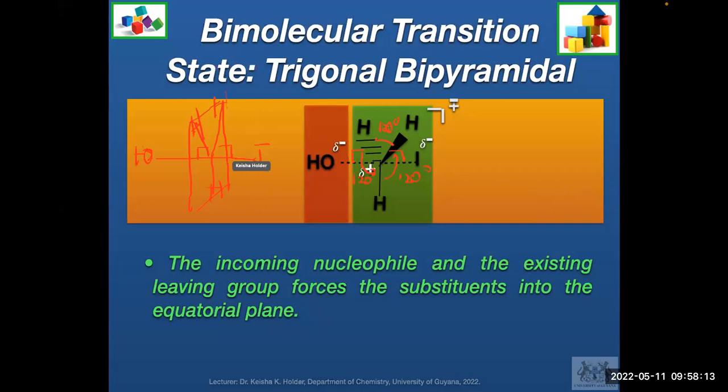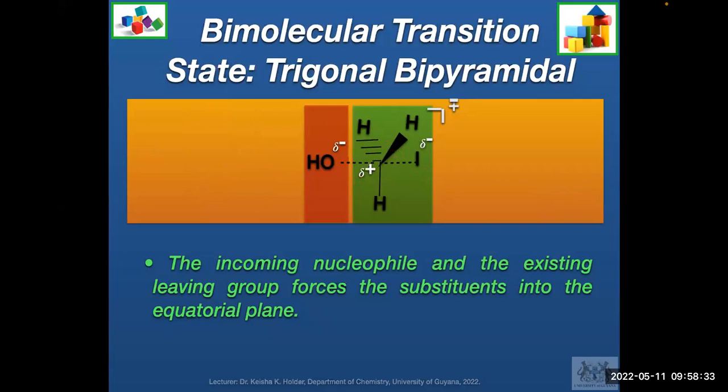All right. So of course your 120 is occurring there between them. Right. So that's your trigonal bipyramidal geometry, ladies and gentlemen.